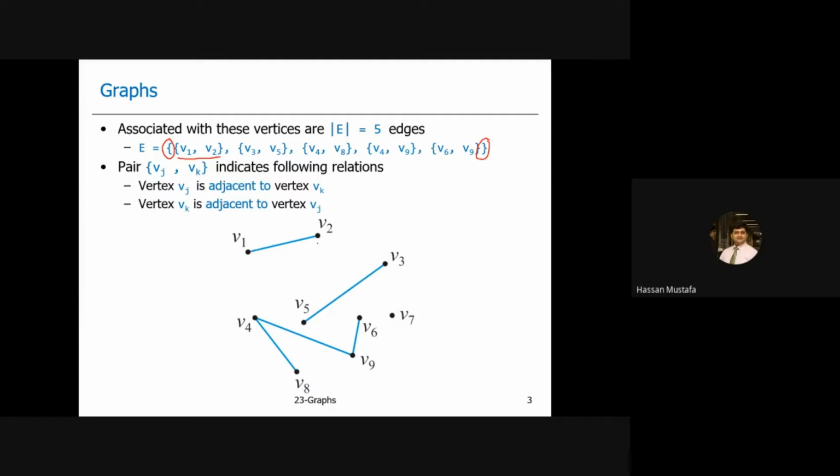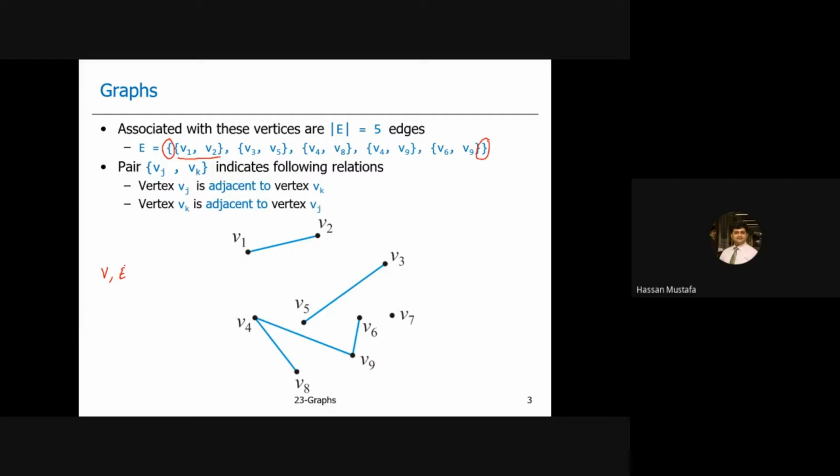If V1 is connected to V2, then V2 is also connected to V1, which means that having an edge between V1 and V2 means that V1 is adjacent to V2. Similarly, V2 is also adjacent to V1. So that's how we define a graph: we have a set of vertices and then we have a set of edges. If we combine these two sets, we can denote a graph completely.